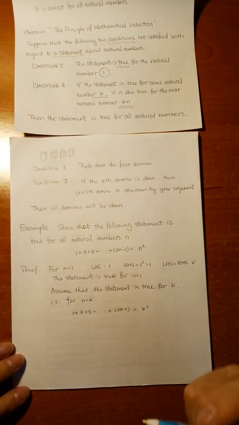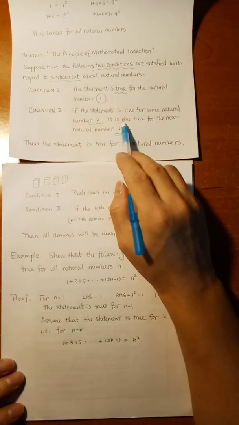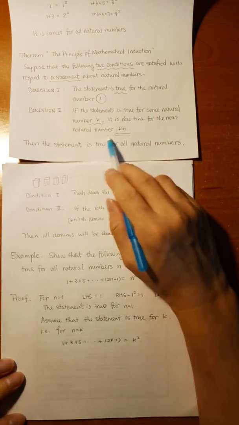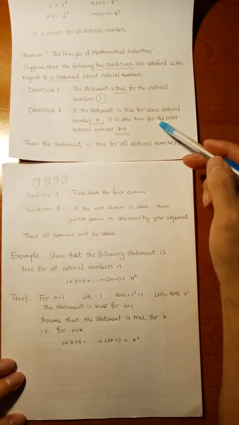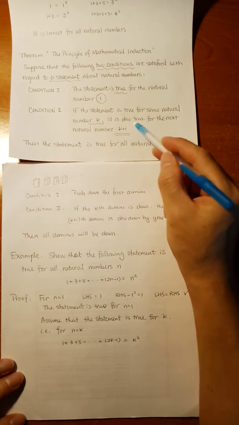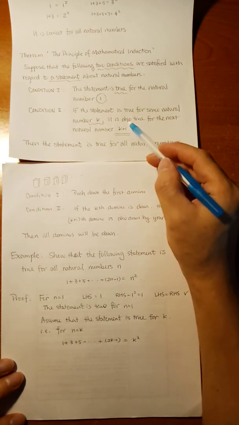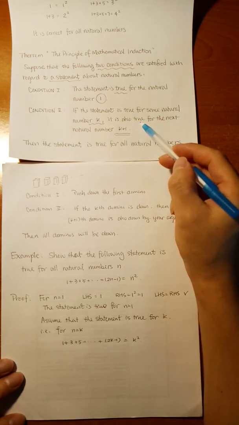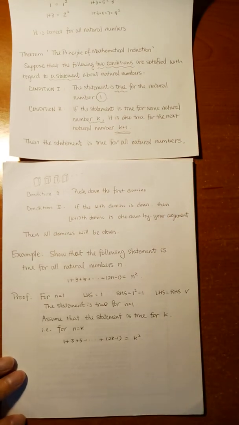Now we want to verify that it is also true for the next natural number k plus 1. If it is true or not, you are going to prove it. That is the main part of this mathematical induction. You must show it is also true for k plus 1.